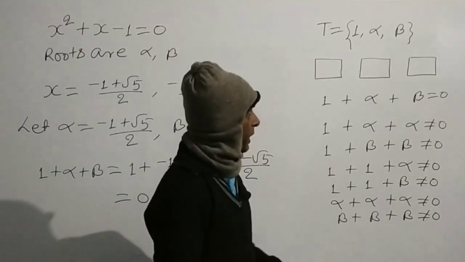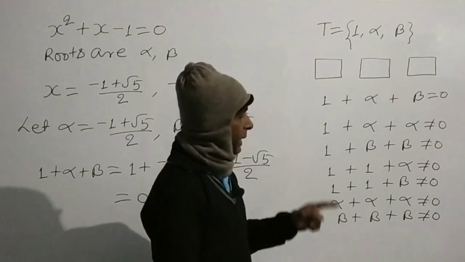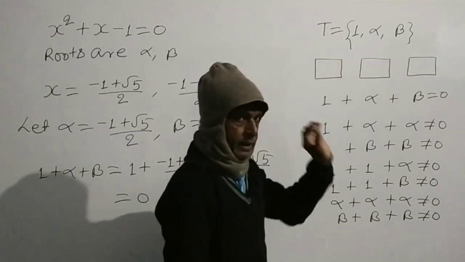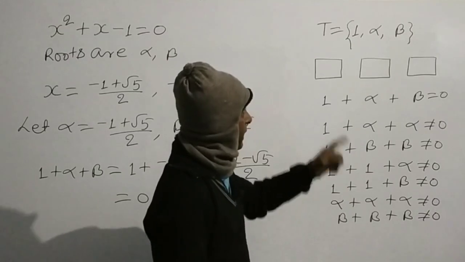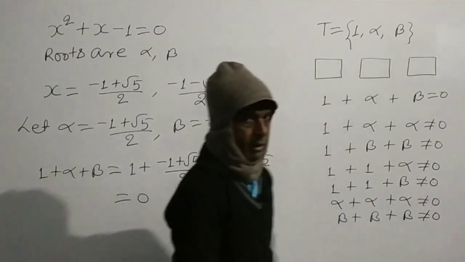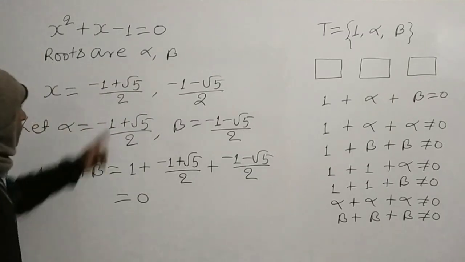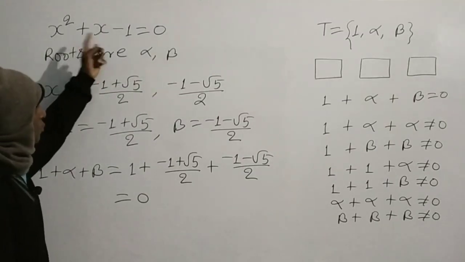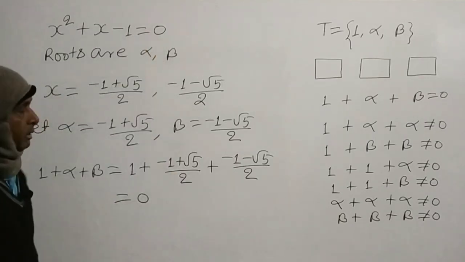In this question, it is given that T is a set containing three elements, 1, alpha and beta, where alpha and beta are roots of this quadratic equation.